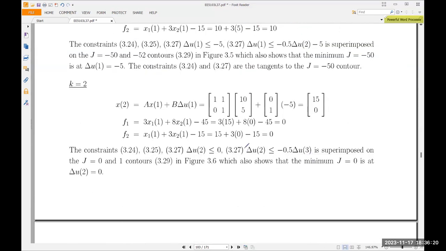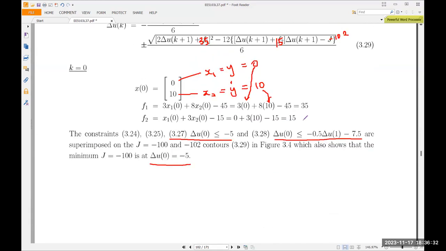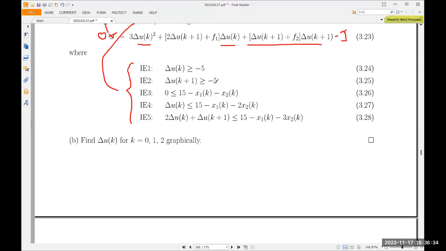Okay. Then this inequality says that U2 must be less than 0. How do we get that? 10, 5. Let's go back and look at the inequality.